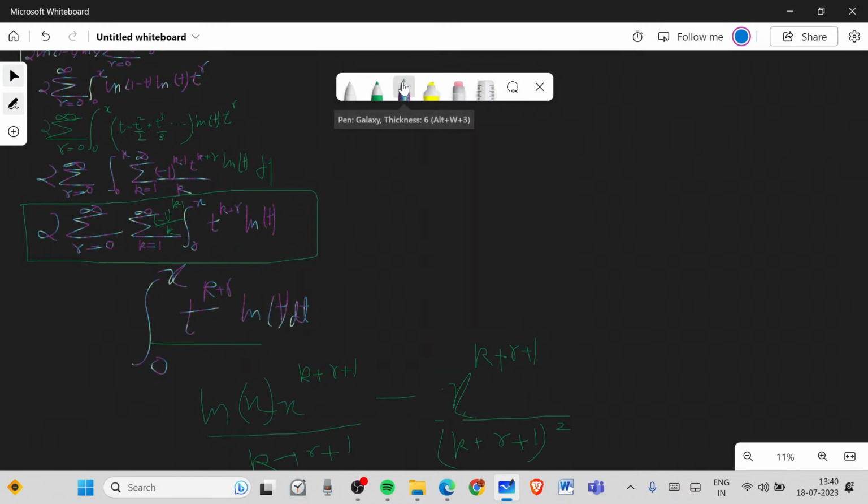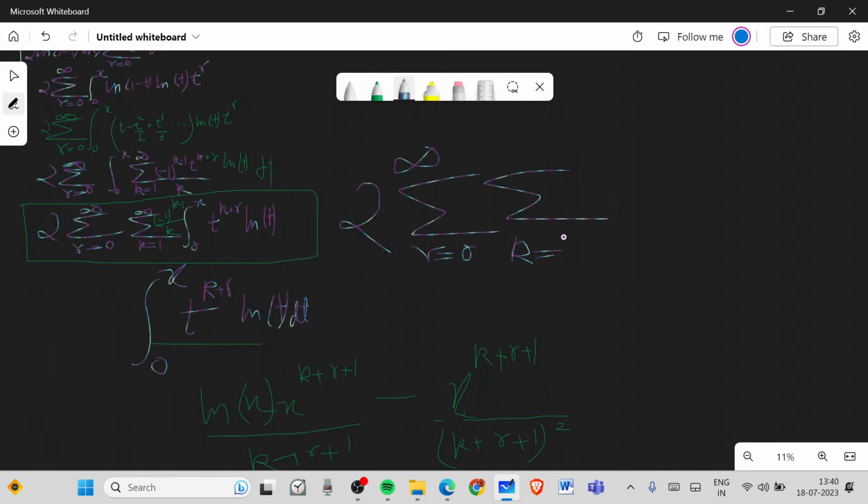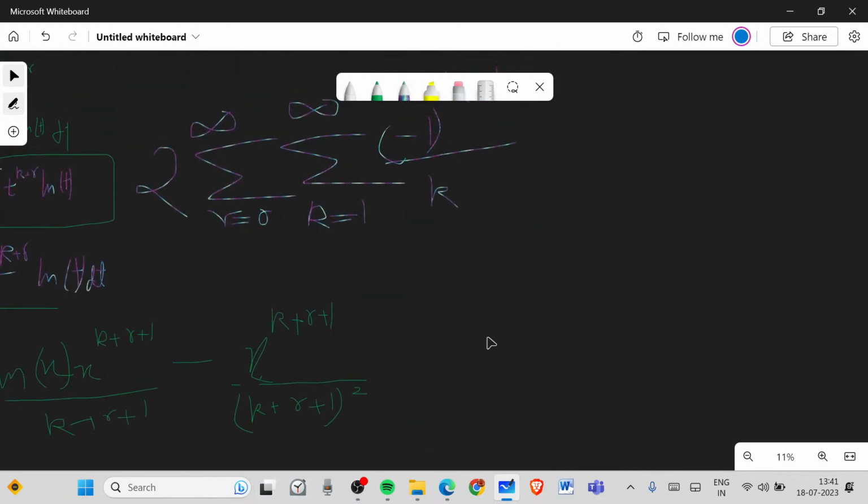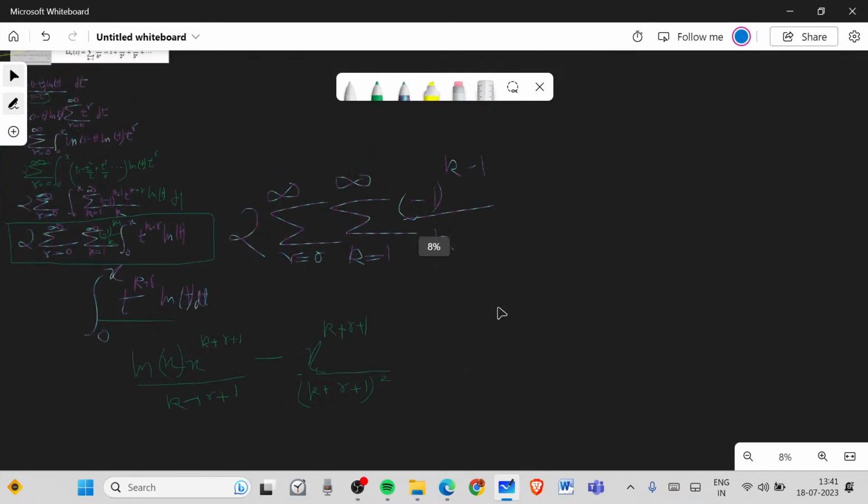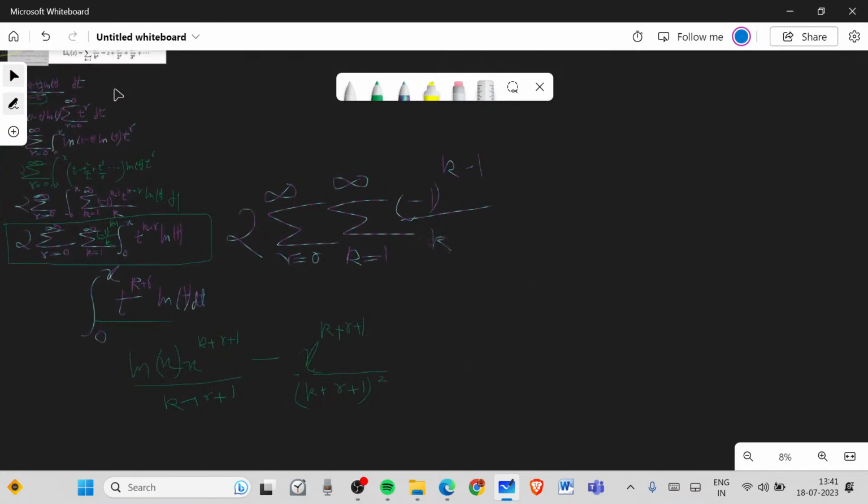We of course have to do something. 2 times sum r is 0 to infinity, sum k is 1 to infinity, minus 1 to the power k minus 1 by k, and this is ln x.